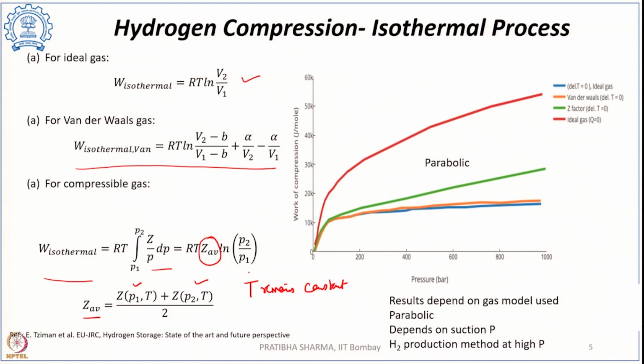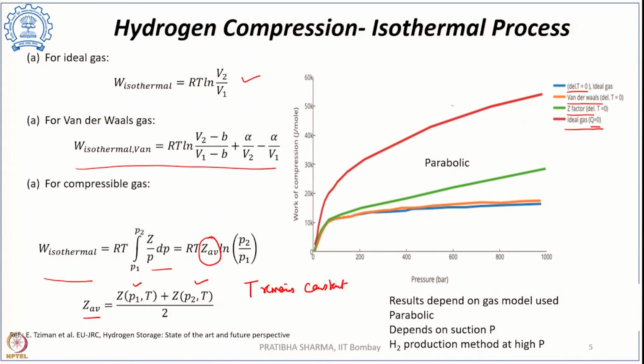Now, this figure shows that depending upon which gas model we have used, the work of compression may differ. So, whether we have used an ideal gas model, whether we have considered it to be a real gas, whether it is an isothermal process, whether it is an isoentropic process, whether we have considered a van der Waals gas, or we have considered it to be a compressible gas considering the compressibility factor, the different curves are obtained.